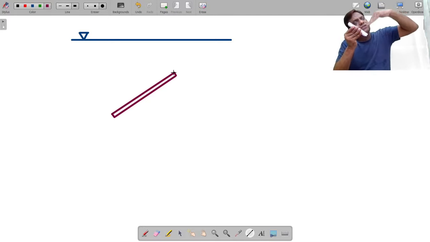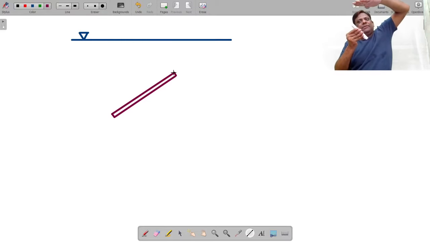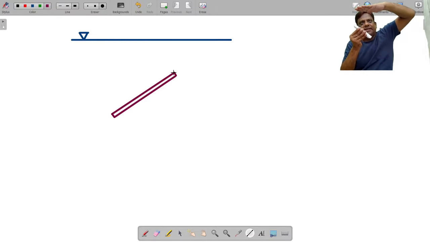Now look, whatever the fluid is, let this be the free surface, and the object is like this.